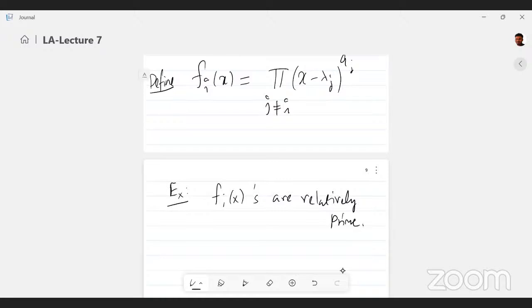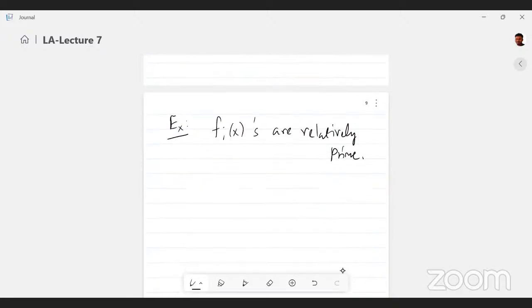Why? If they are not relatively prime, they must have some common factor, and it must be a common linear factor. But it is not hard to see they cannot have a common factor, because every time you are ignoring one factor. So they must be relatively prime.